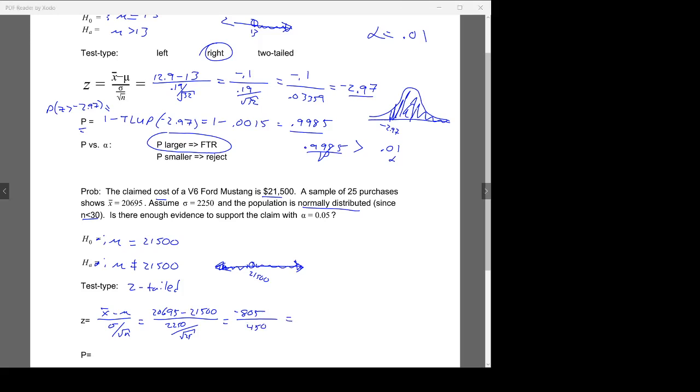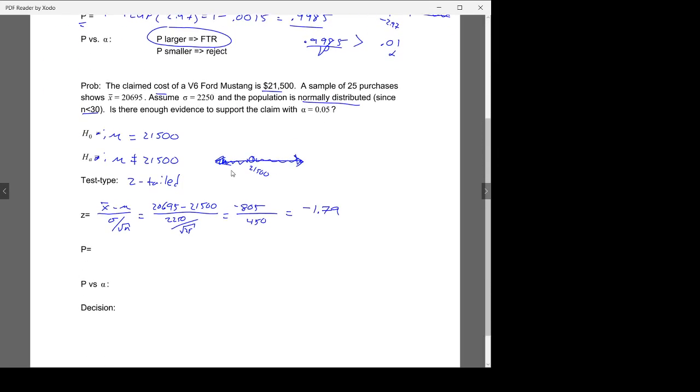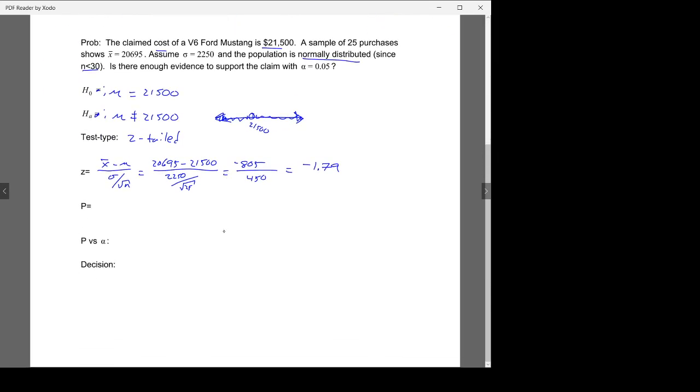So it's 805 divided by 450, or minus 1.79. So now we have a z. Here's our 0, and it's a two-tailed test, and we're interested in minus 1.79, but we'll also be interested in its identical sister up here, 1.79. So we've got both sides.